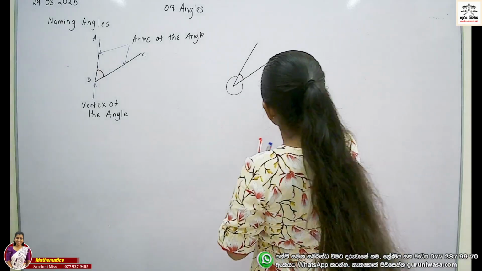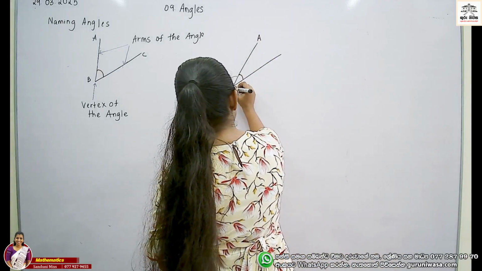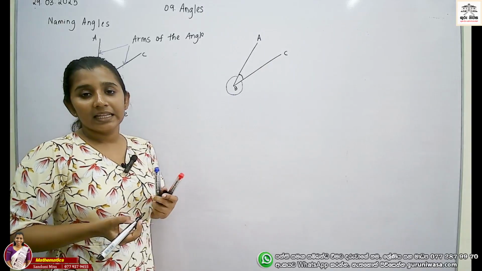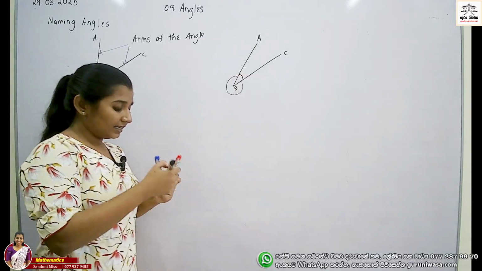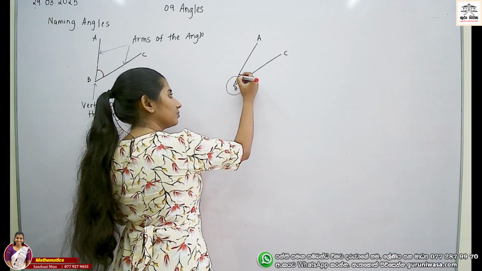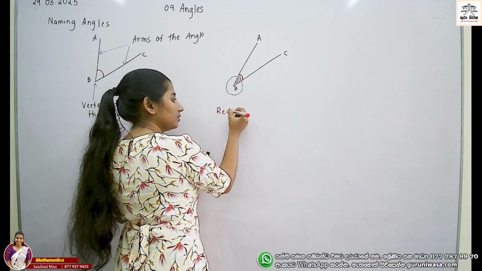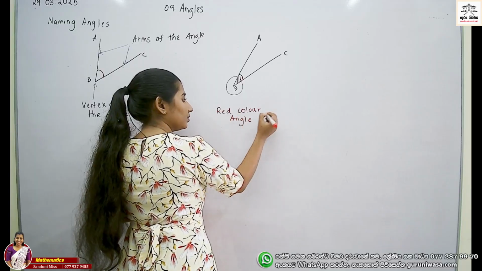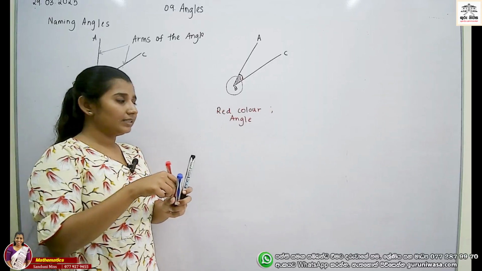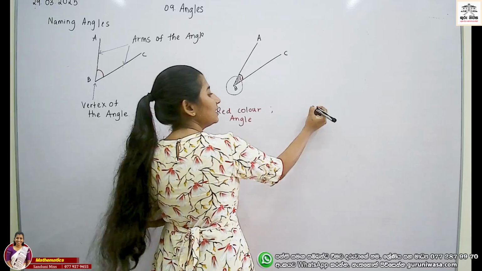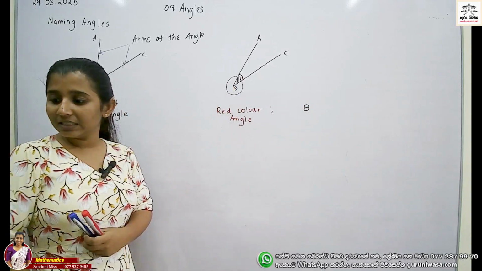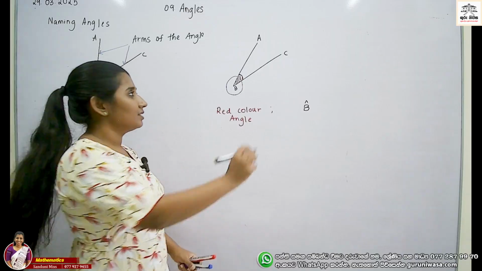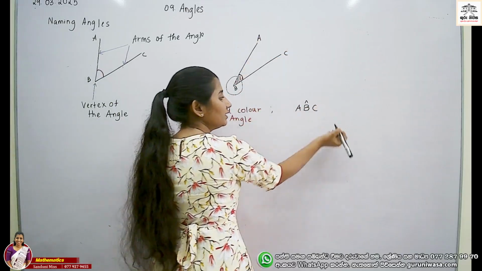I'll mark some English letters A, B, C. This angle, the red color angle, I can name as the vertex is B, where the angle is formed at B. So I will put a hat on B. Then I can write A and C on either side.